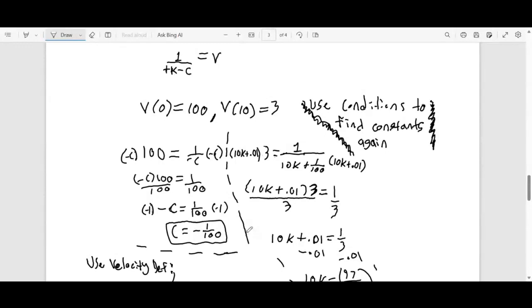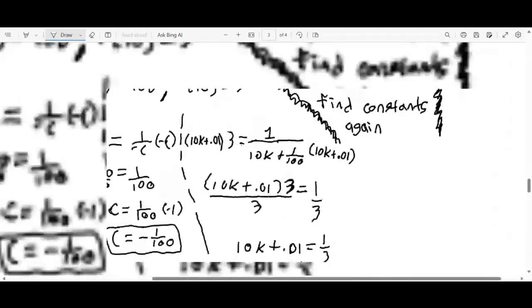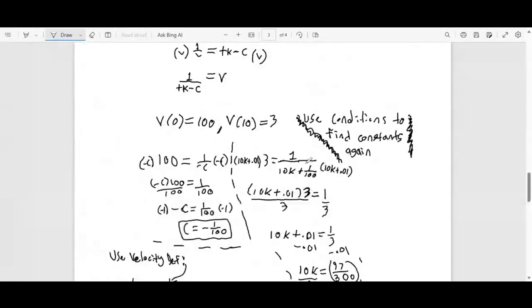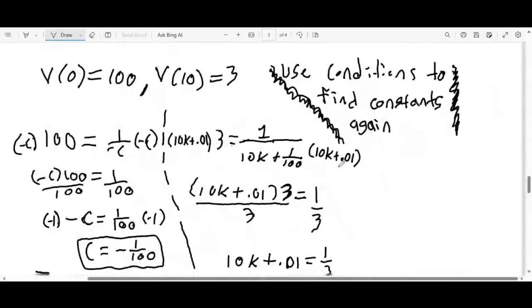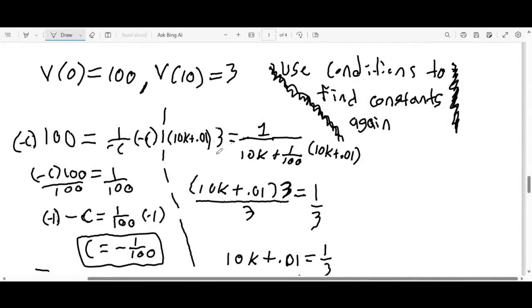So then you have c is equal to 1 over 100, or 0.01. Yeah, I don't like decimals, but I don't have space right here, so I just used 0.01. Yeah, I have it right here. So we got that, 0.01.